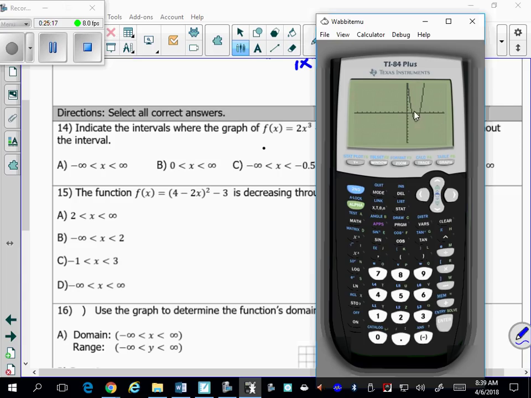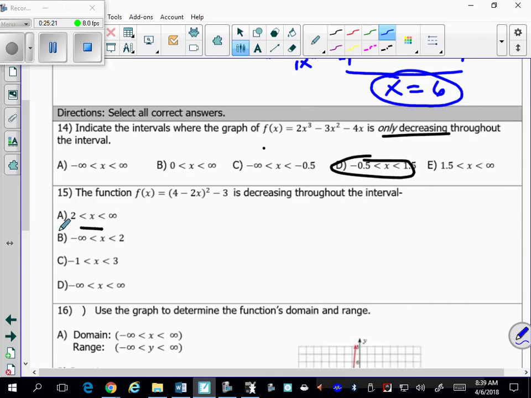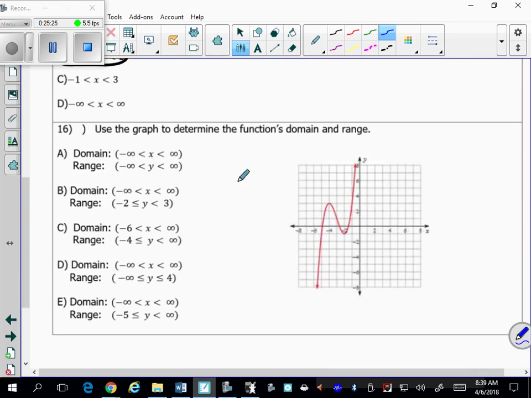All right. Use the graph to determine the domain and range. Domain is the x terms. So if you take this whole graph and you squish it, slide it all up and rewrite it on the x-axis, it'd be here. I'm squishing it on the x-axis, bringing that arrow down, it would go to the right, this arrow bringing it up, it would go to the left, and continuous from left to right, so this domain is negative infinity to infinity.